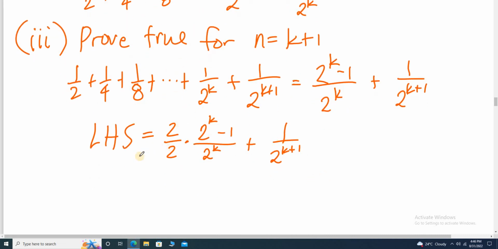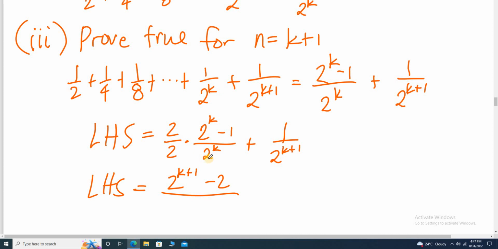So let's simplify this part. If we multiply, if we have the same base, we simply copy the base and then add the exponent. So let's see what's going to happen. 2 times 2 raised to k, copy the base, then add the exponent, so k plus 1. Then 2 times minus 1 is minus 2.